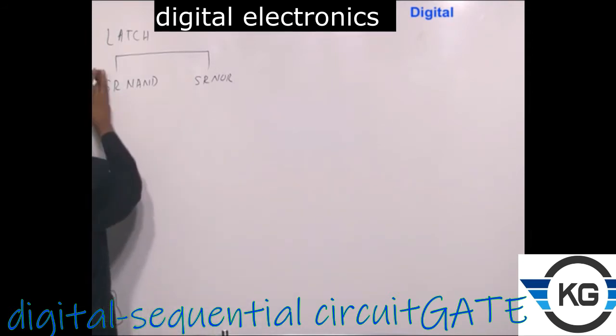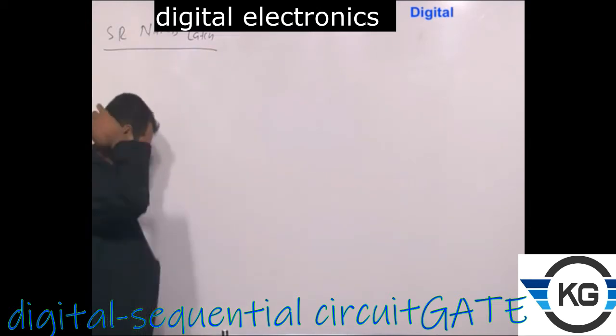Let me explain what an SR NAND latch actually is. Take down a heading, SR NAND latch. These things are always pretty confusing in the books. They describe them in paragraphs, and there is always confusion regarding 0 and 1. So try to get the concept clear here itself.